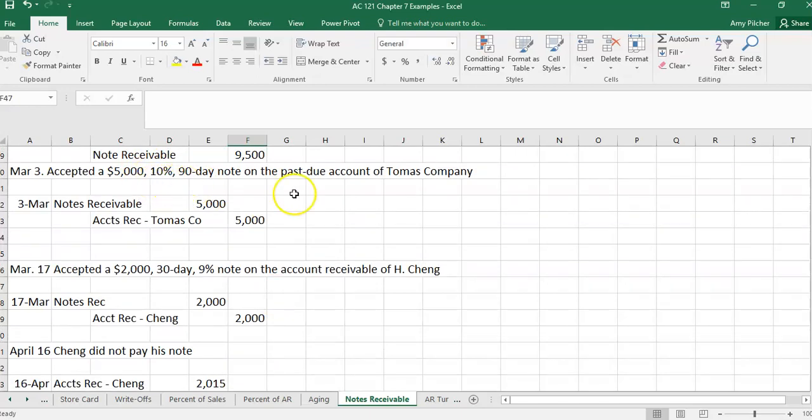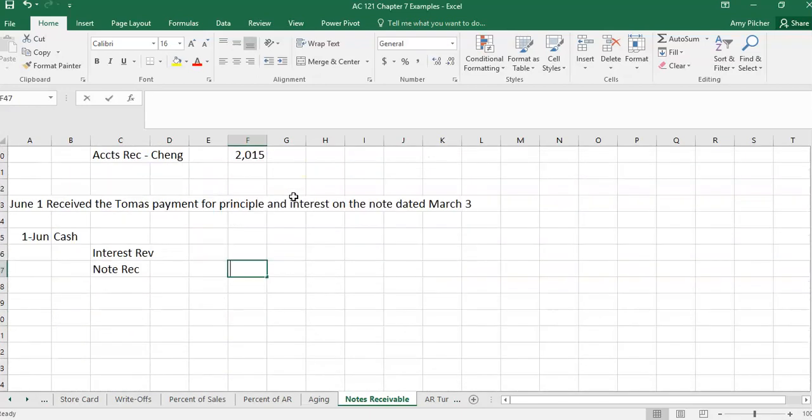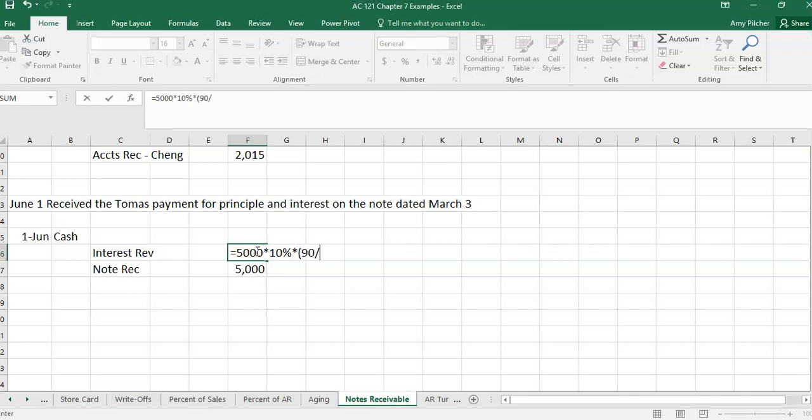It was a 10% 90-day note. The interest revenue is $5,000 times 10% times 90 days, or $125. So we receive cash of $5,125.